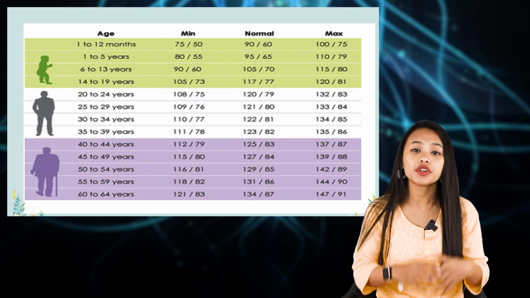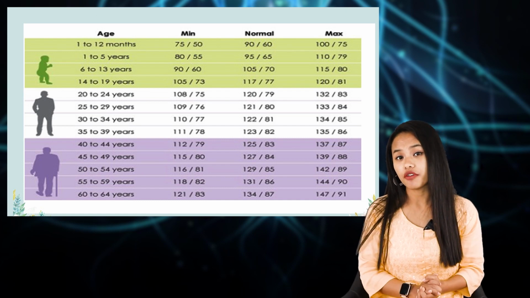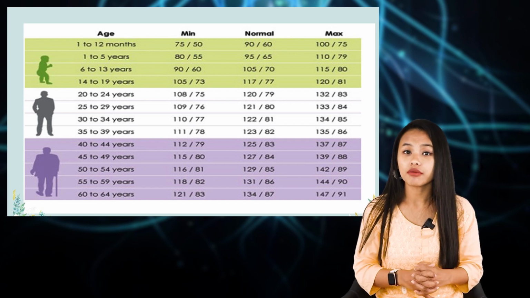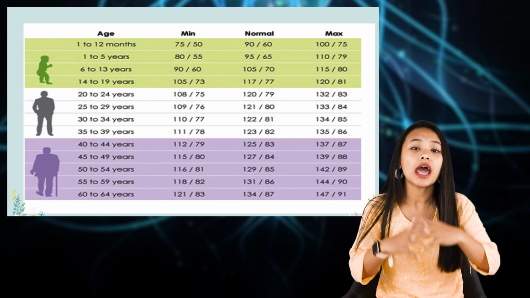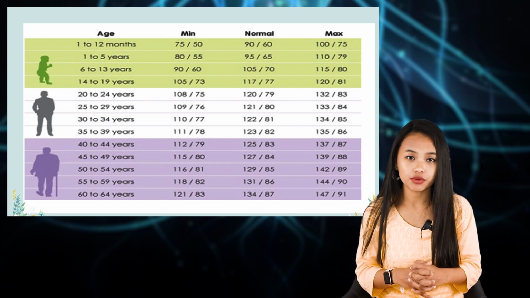And if they are between 14 to 19 years of age, then their minimum is 105 by 73, their normal is 117 by 77, and their maximum can be 120 by 81.